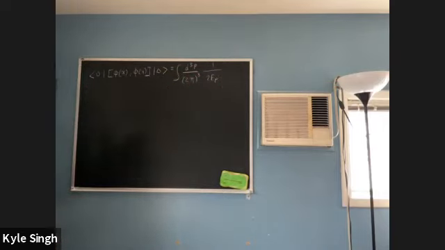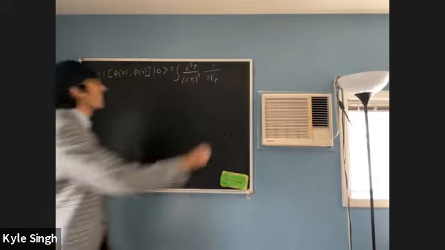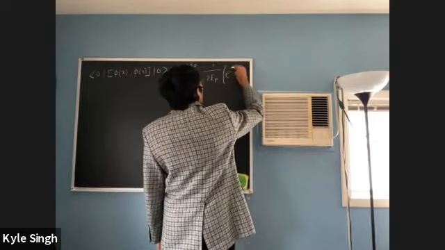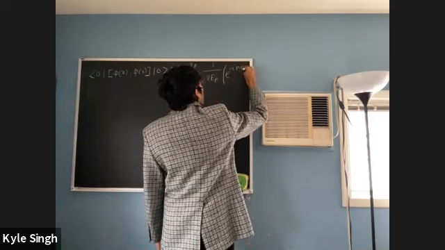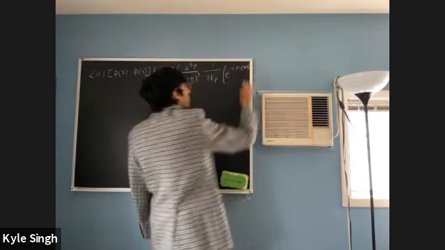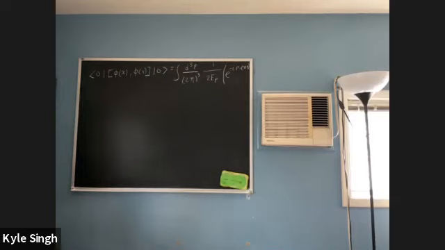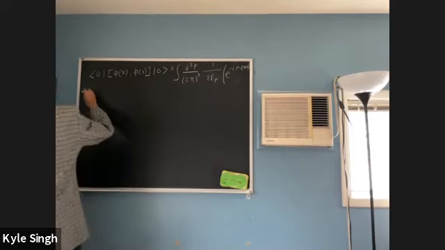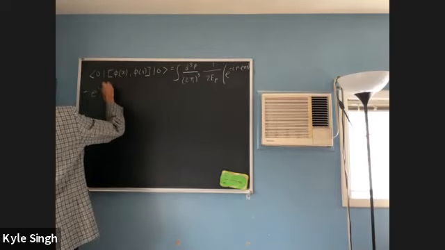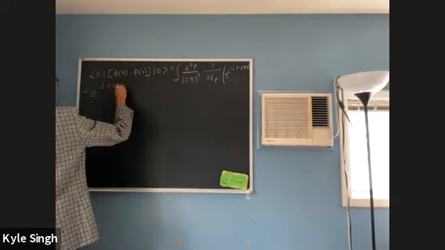I'm using his notation now, just to make you happy. e to the minus i p dot (x minus y), minus e to the i p dot (x minus y).